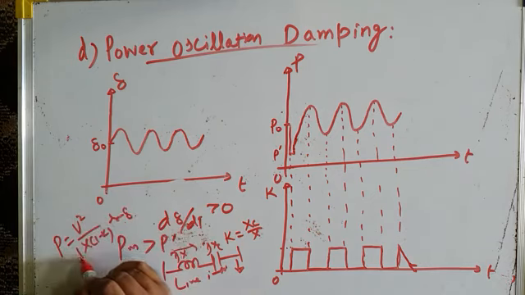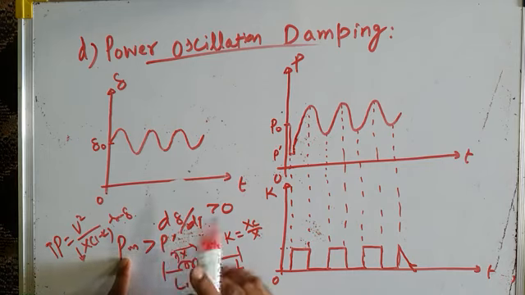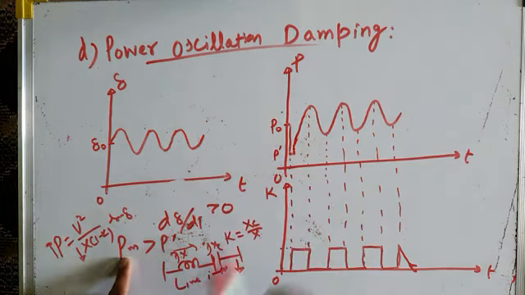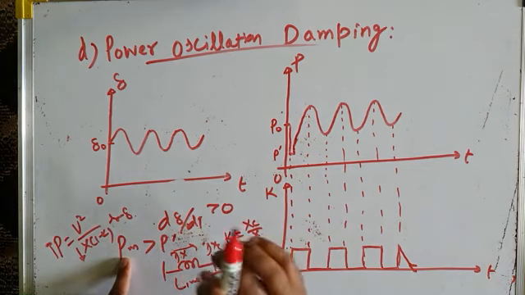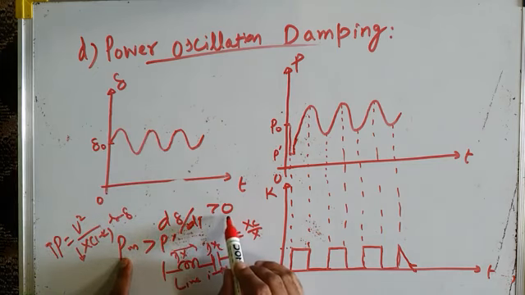Since this impedance has reduced, P, which is flowing over the transmission line, will increase, and it will increase in such a way that it will balance the excess mechanical power. Because what was happening? Mechanical power was in excess. It was more than electrical power transmitted over the line momentarily when this disturbance occurred, and that was causing acceleration of the machine, and that was causing delta to increase, making d delta by dt greater than 0.